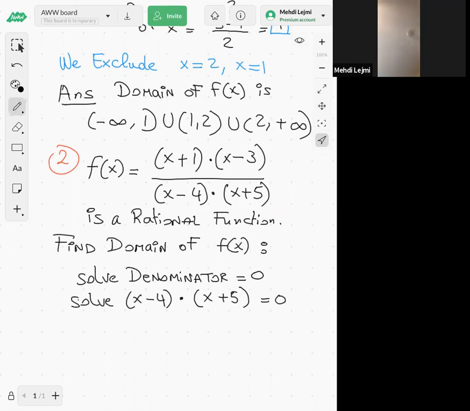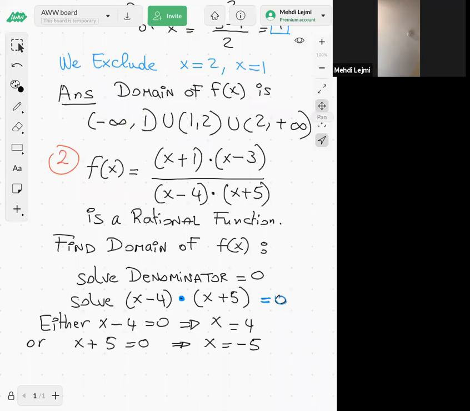So this is kind of easy to solve because it's a product equal to 0. So either x minus 4 is 0, or x plus 5 is 0. So then x minus 4 is 0, so x is positive 4. And x plus 5 is 0, so then x is negative 5. So we have to exclude 4 and negative 5 from the domain, right?